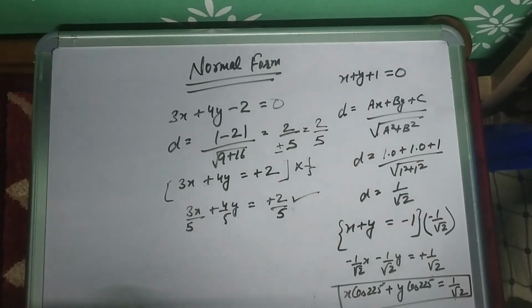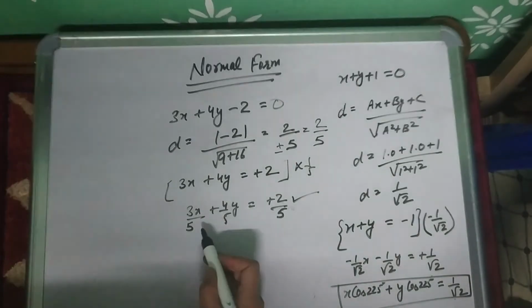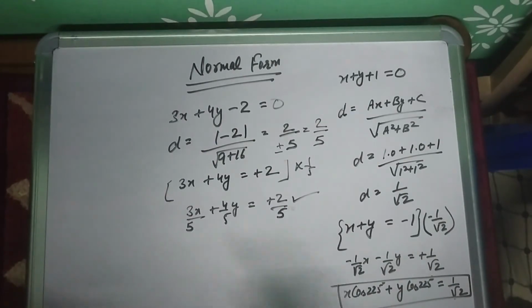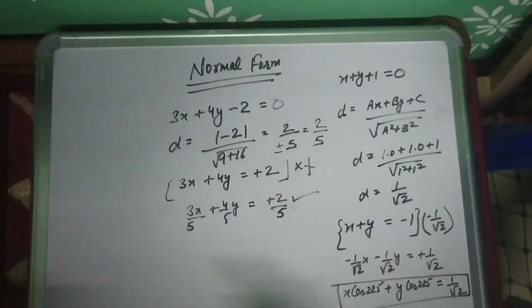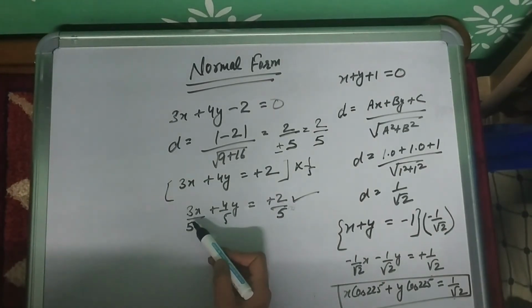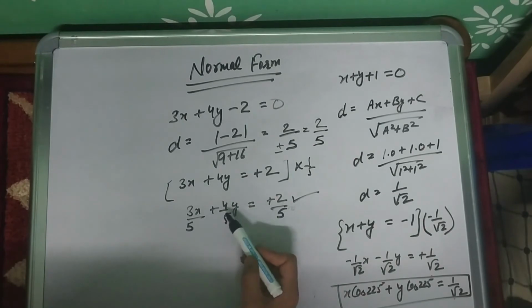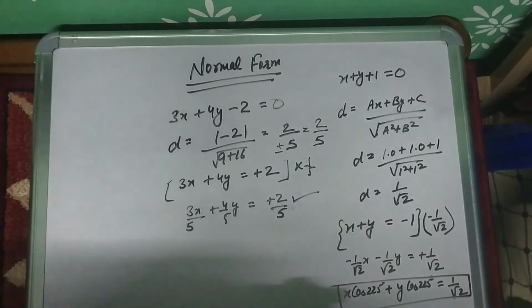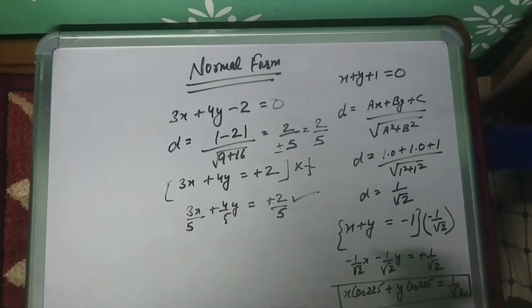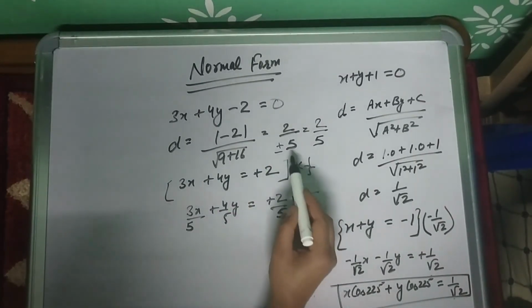Now the question is, this angle is going to be the same because phi is the angle made by the perpendicular with the positive direction of the x-axis. So is there any value of theta whose cos gives you 3 over 5 and whose sine gives you 4 over 5? For sure it is there. Why? Because we are dividing. How did we get 5 here?